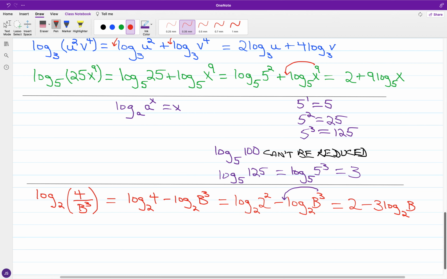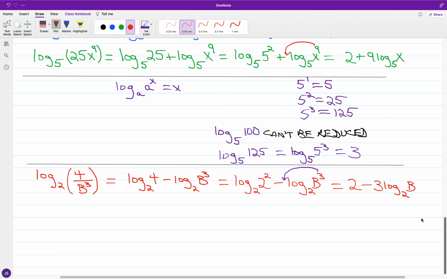All right, now let's say I have simultaneous appearance of both multiplication and division.